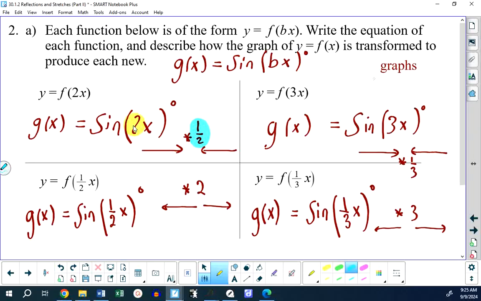What I have highlighted in blue is the stretch factor, which is not the number that appears in the equation. And I'm being excruciating in my explanation here, in my repetition, because I know students will mix these things up. B is a number that's in the equation in front of x. B is not the stretch factor. The stretch factor is the reciprocal of the number that's in front of x.